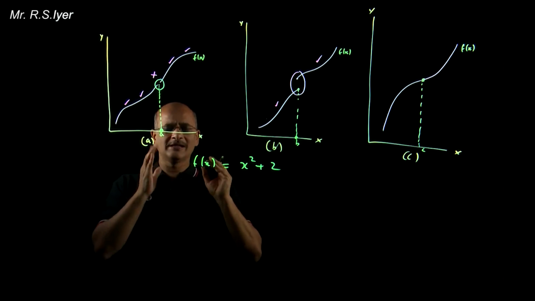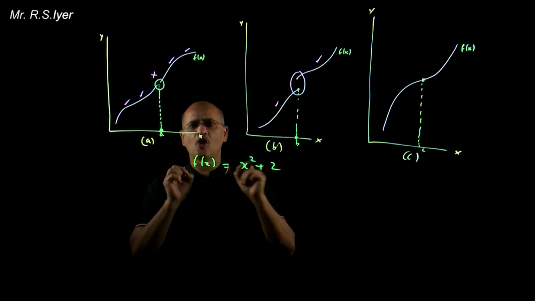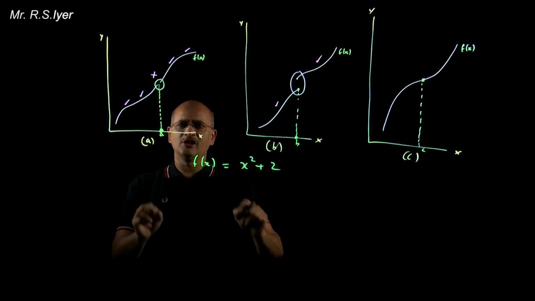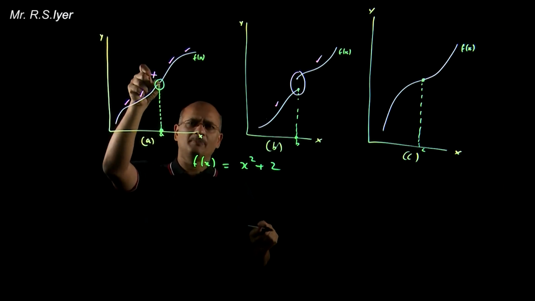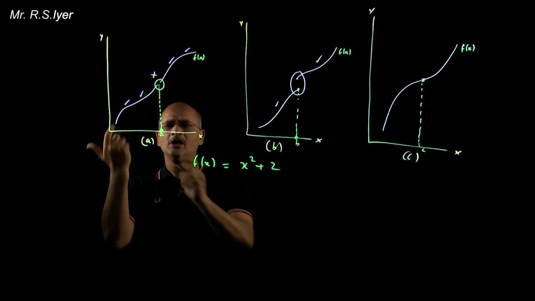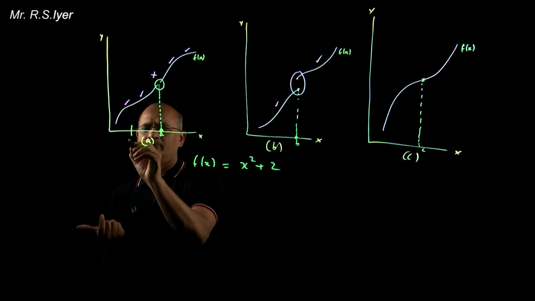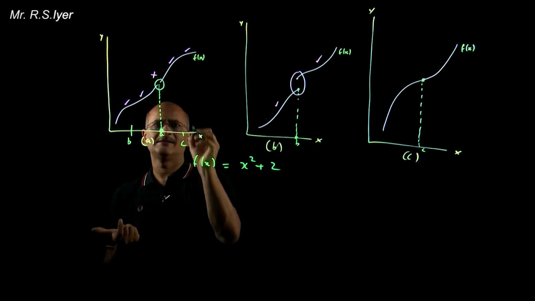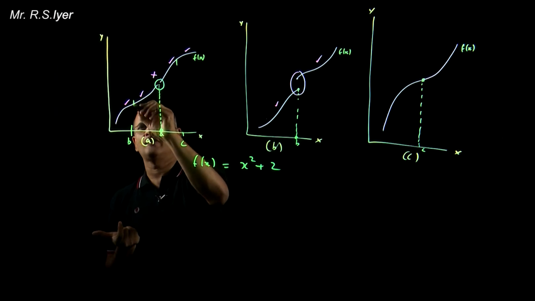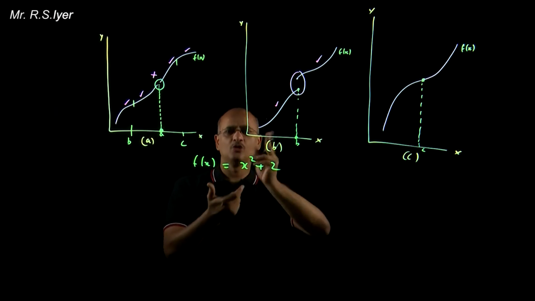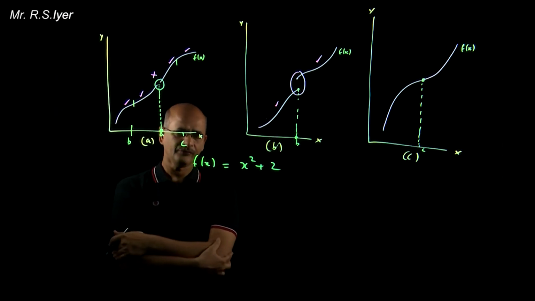So, whenever you are discussing continuity, you always discuss the continuity of a function at a particular point, or you can say between B and C. In an interval, you can discuss the continuity. Two variations. Fine.